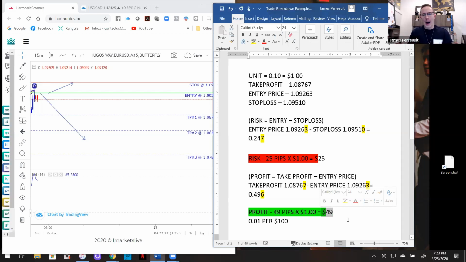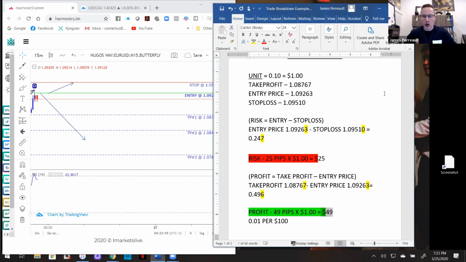I hope this helps out a little bit, because again, guys, everybody can copy and paste a trade. You can put in the stop loss, you can put in the take profit, but when you actually go live with your own real money, you should know: if I lose this trade, I'm going to lose X amount of dollars. If I win this trade, I'm going to win X amount of dollars.